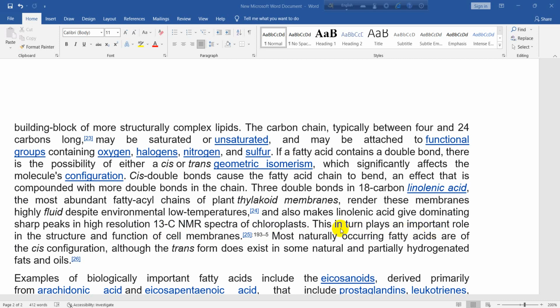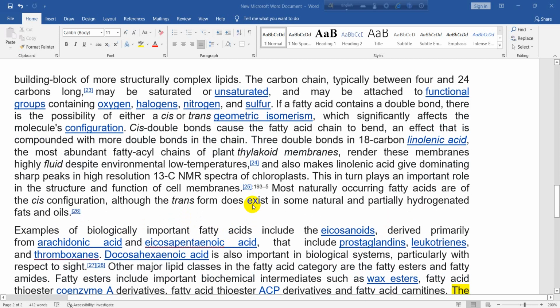This in turn plays an important role in the structure and function of cell membranes. Most naturally occurring fatty acids are of the cis configuration, although the trans form does exist in some natural and partially hydrogenated fats and oils.